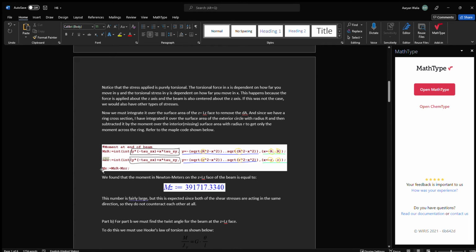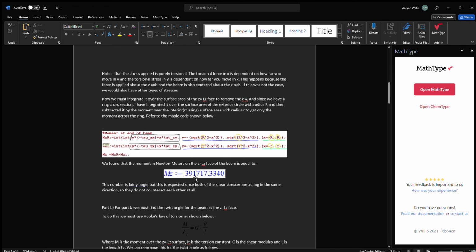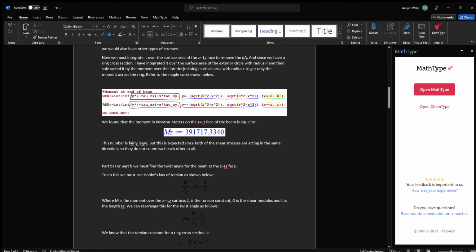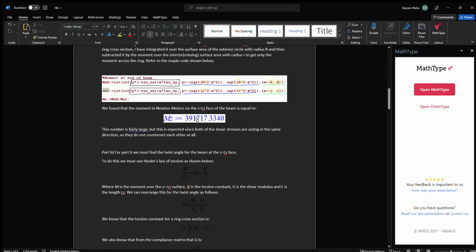Once I subtract them, I have the total moment. The moment we got was around 400,000 Newton meters. It's fairly large, but that's expected since the shear forces are acting in the same direction and they basically add up. So that's the moment for part A.